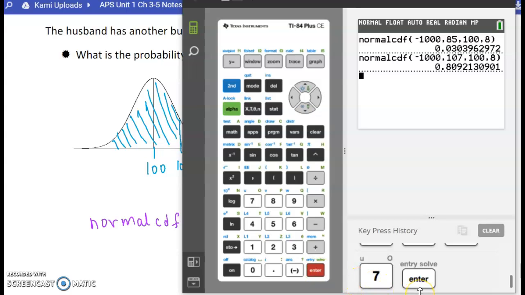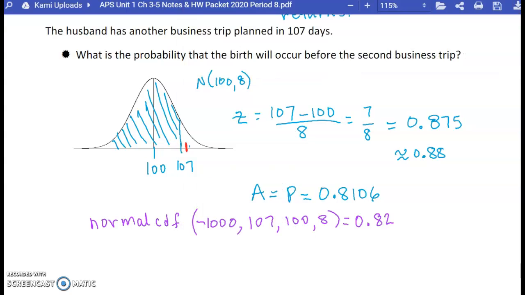So 80.92%. Okay, so we got 0.8092. Now that is still pretty close here. And if you rounded to 2 decimal places to talk about a percent, both of these would be 81%. The difference that we're seeing there is because of this rounding issue.